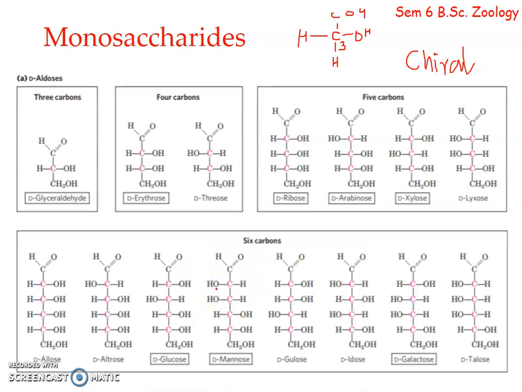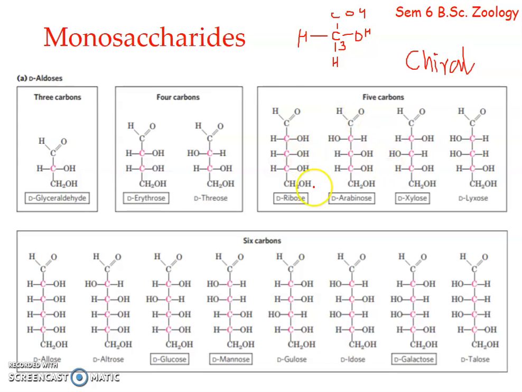Okay, it does have a very important property, because chiral carbon or the presence of asymmetric carbon can result in isomerism. You may have learned it. Mirror forms and all can be formed, isn't it? So isomerism is a very important property of monosaccharides, and it is because of the presence of these asymmetric carbons in their chain.